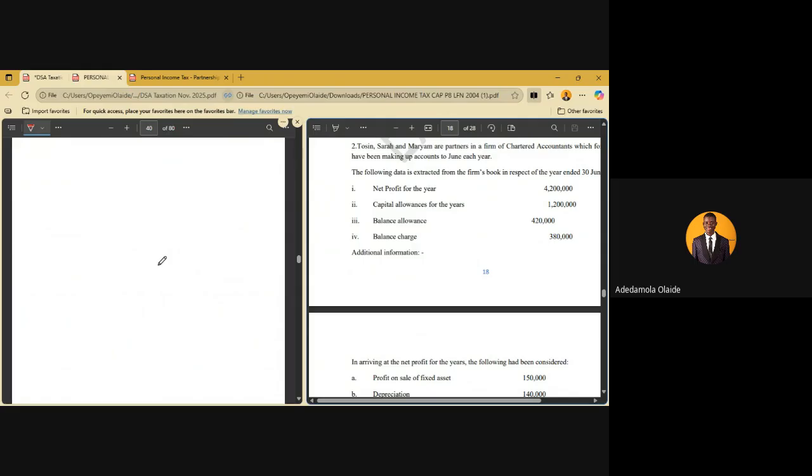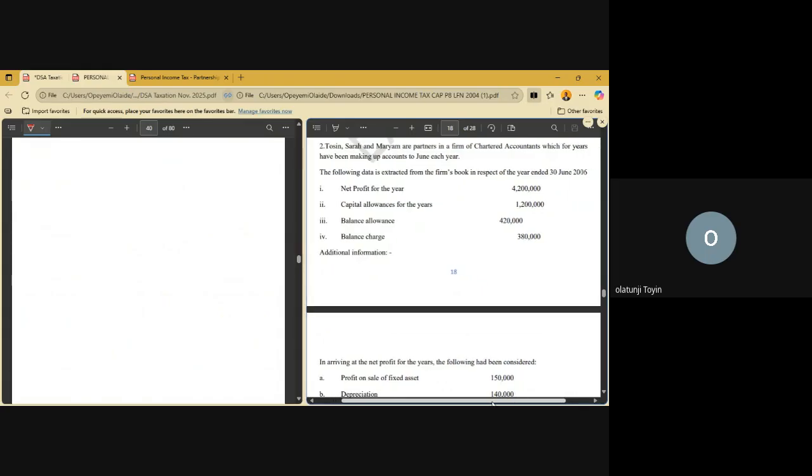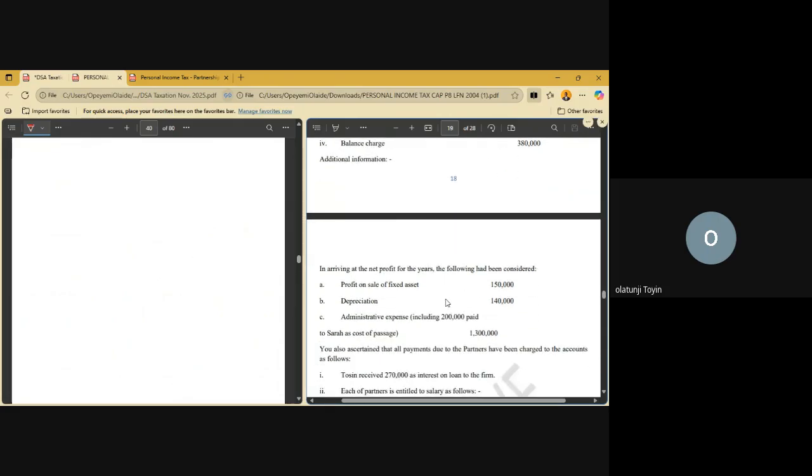Tosin, Sarah, and Miriam are partners in a firm of chartered accountants, which for years have been making up accounts to June each year. The following data is extracted from the firm's books in respect of the year ended 30th June 2006.